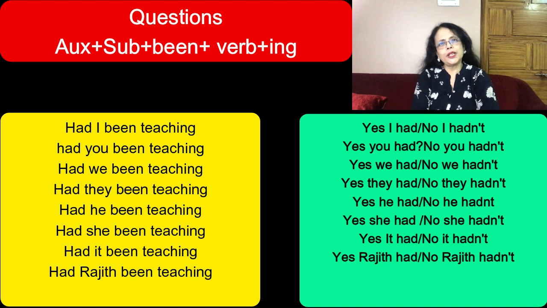Do you know what these WH words are? Yes, you are right. The WH words are why, where, when, how, what, who and whom. We can use them to make WH questions. So let's see how to make them.